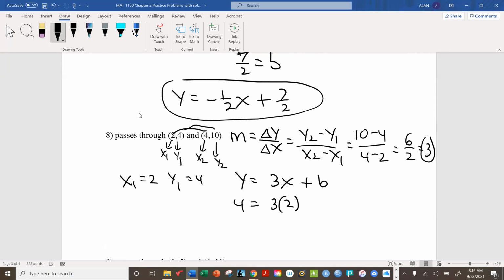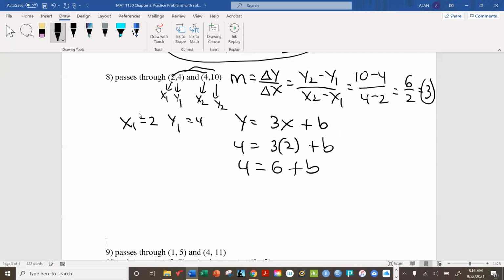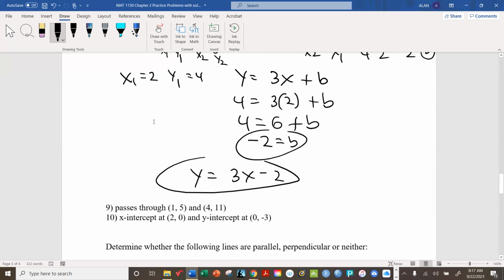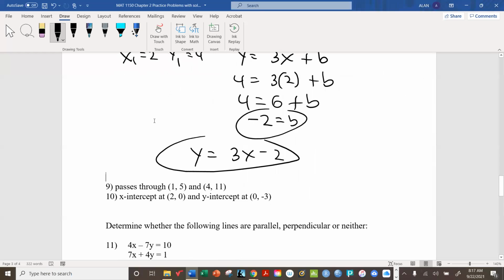So therefore the y is a 4, the x is a 2. So the final result is that y equals 3x minus 2. All right, now number 9 is exactly the same.